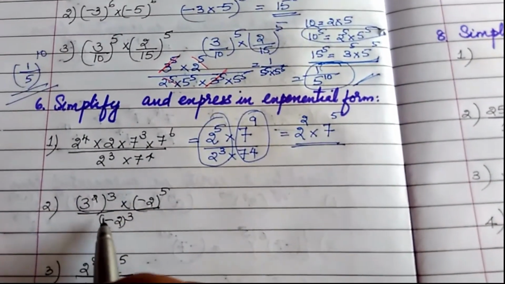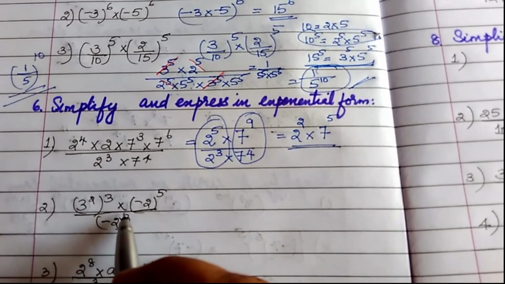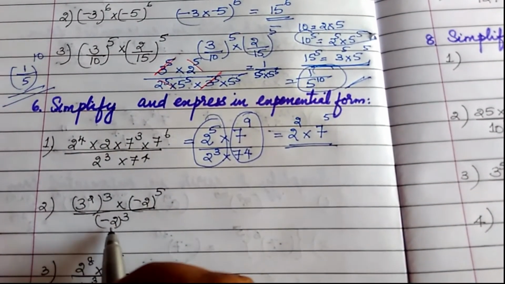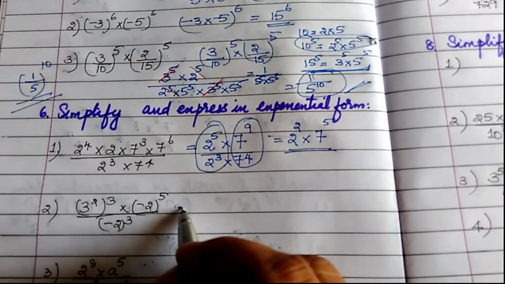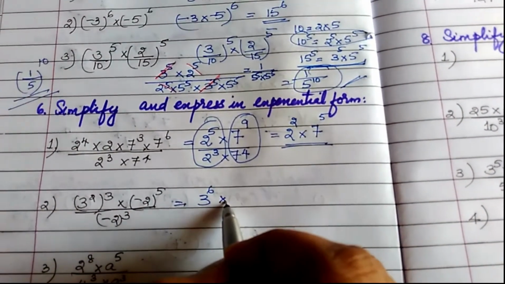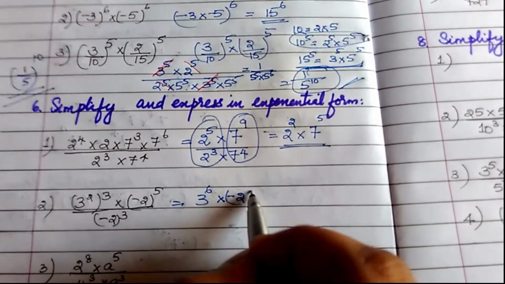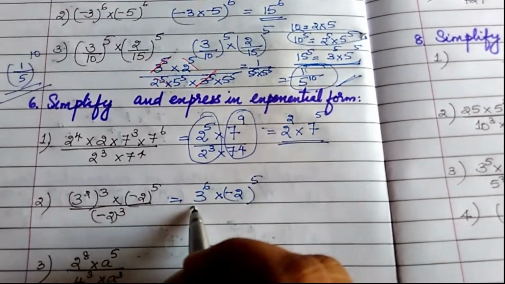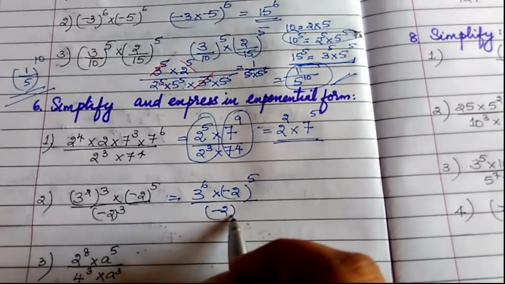Next one is 3 to the power 2 whole to the power 3 into minus 2 to the power 5 upon minus 2 to the power 3. So it is equal to 3 to the power 2 into 3, that is 6, into minus 2 to the power 5 upon minus 2 to the power 3.